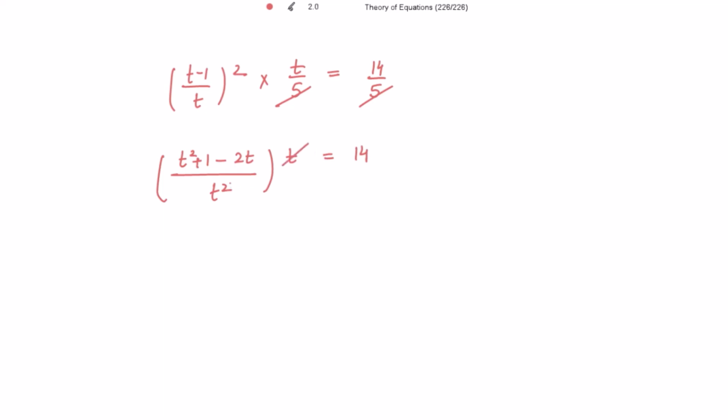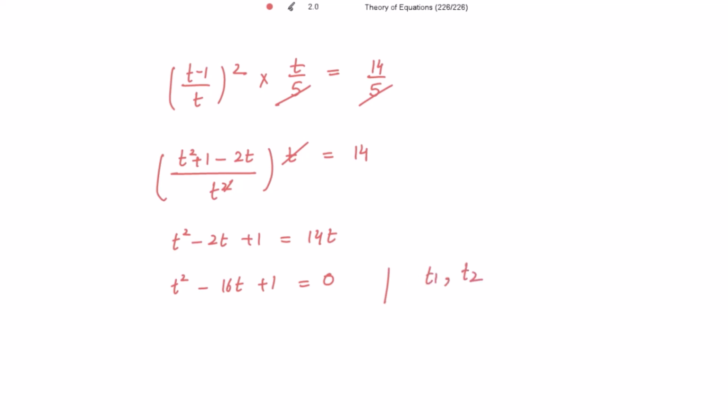So let's cancel one t. So we get t² − 2t + 1 = 14t. That is t² − 16t + 1 = 0. So we are getting the quadratic equation in t, whose roots are t1 and t2, as given in the statement.